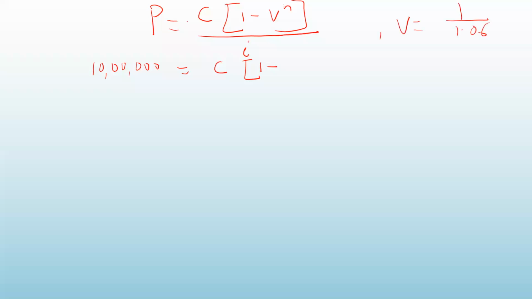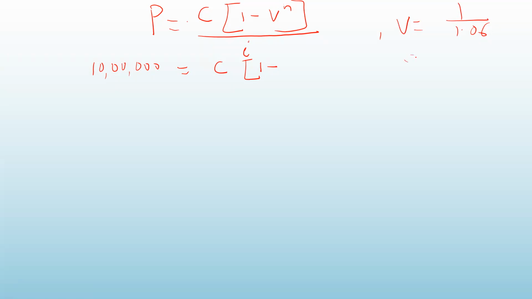I will write here. Now many students get difficulty in solving these big calculations. So I'm telling you, first calculate 1 divided by 1.06. See what is there on the screen of your calculator. Which number do you get?